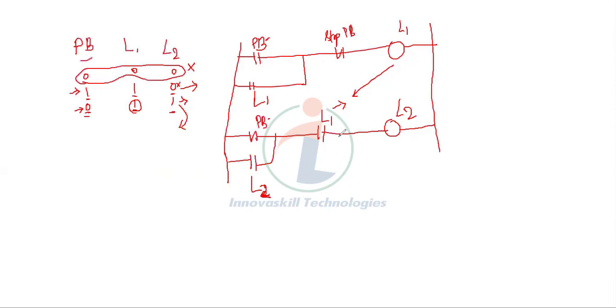So this is how you will be performing that interlocking concept using latching and unlatching. I'll explain the same thing with another example, with many more outputs.